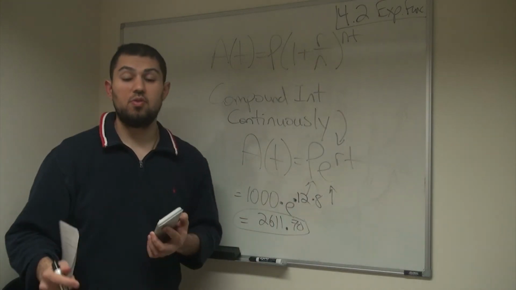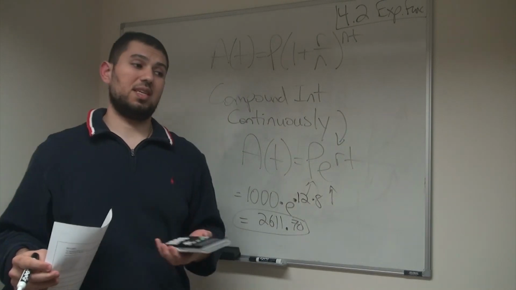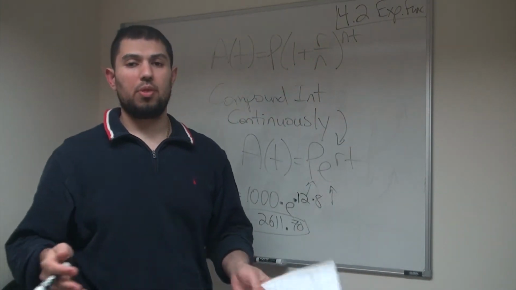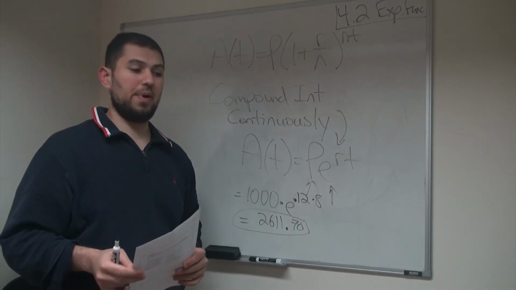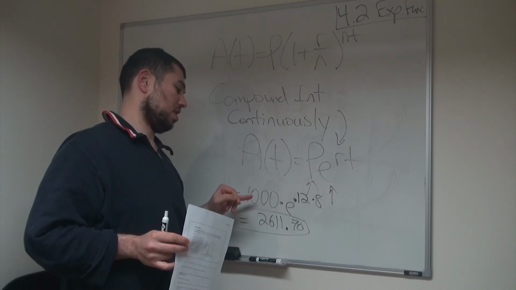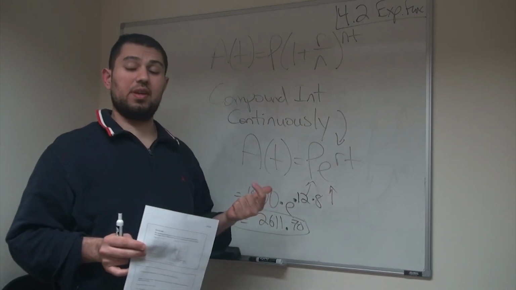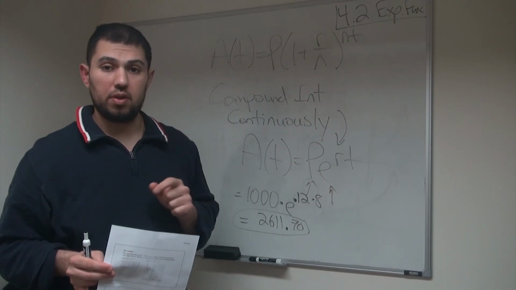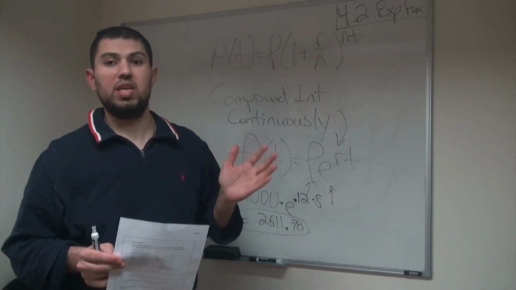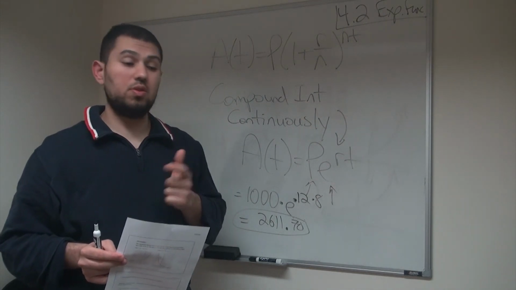Now, if you guys want to test this out, you can see, does it make sense to go into an account that compounds continuously, or does compounding monthly or quarterly pay out better? Well, I challenge you. Take this problem with John. If he had $1,000 and he put it in an account that compounded monthly, or weekly pays out more than monthly, daily pays out more than weekly, so do daily.